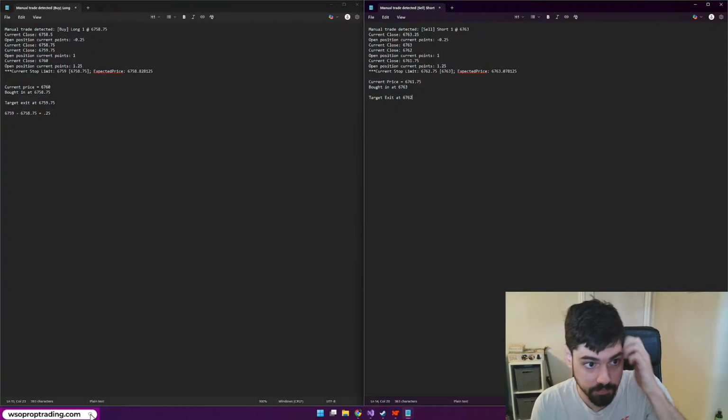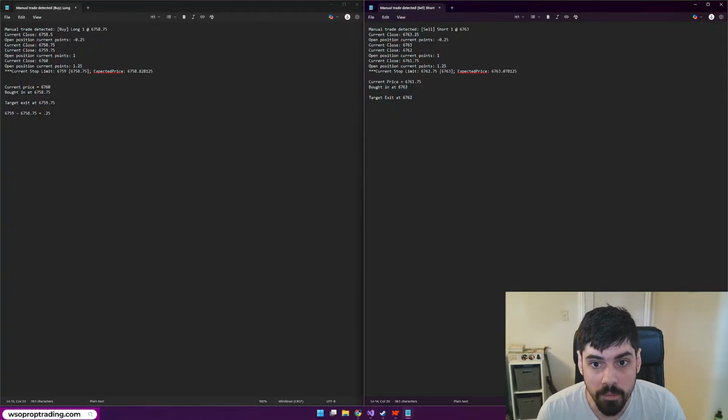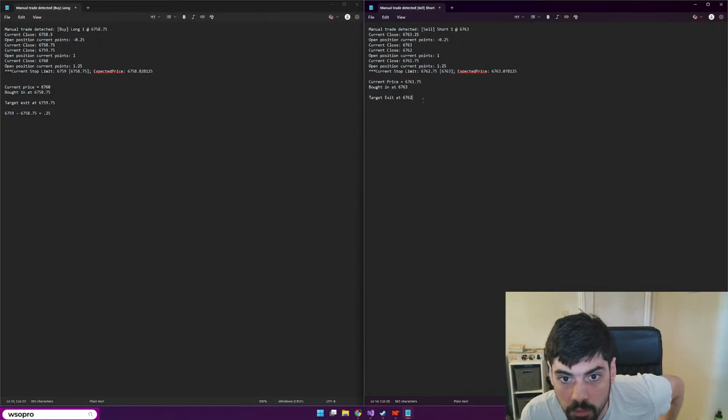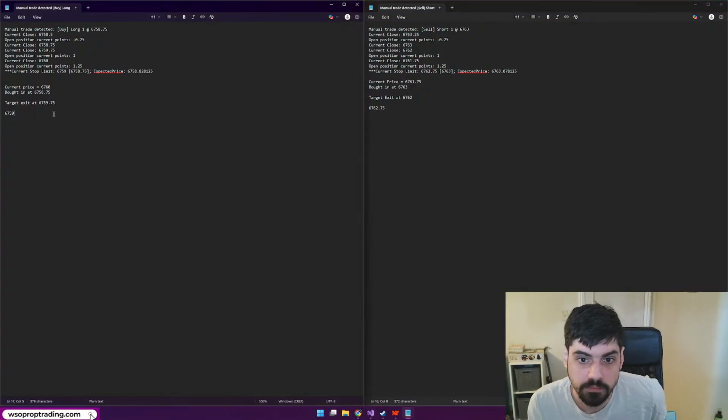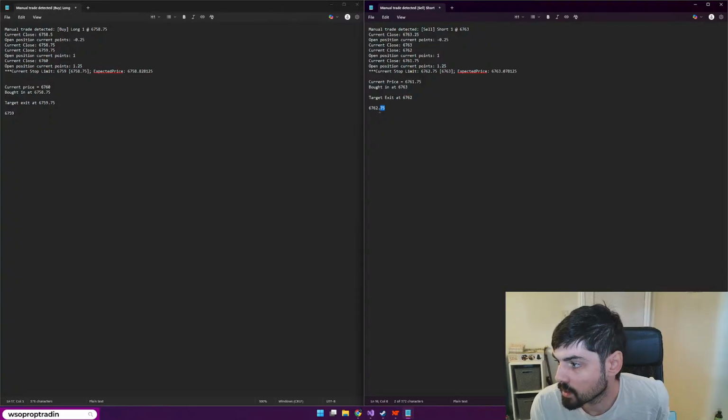That's where we want to exit. Because at 6761.75, it would be the 1.25 right there, and we want to exit 0.25 points different than that. Just want to be a little bit above. And so what it currently has is 6762.75. Again, this one is 0.75 off. So there's something going on with that.